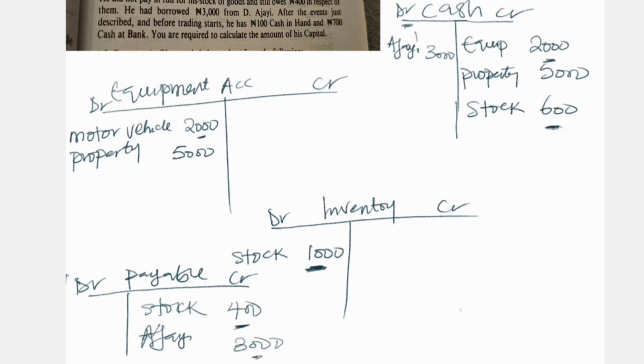Okay, so we're going to open a capital account, because this is the money he had before commencing his business, right? Capital account is also a credit balance account. Okay, because this is your equity or your risk that you've introduced into the business. It's more like you are lending money to your business.